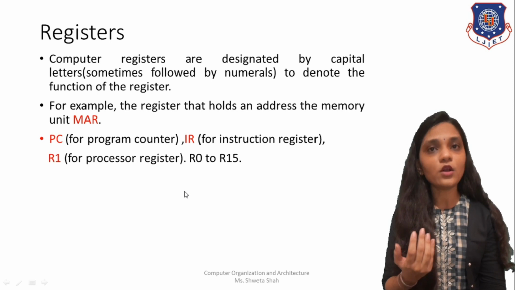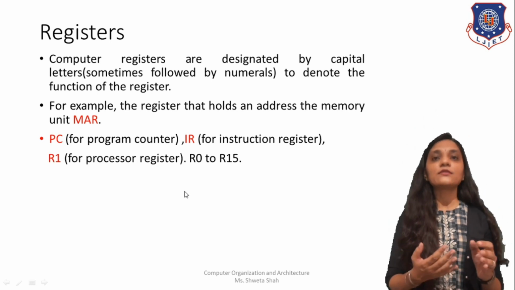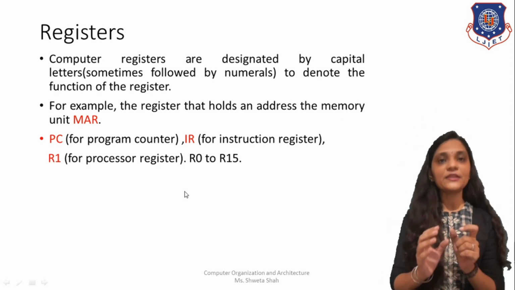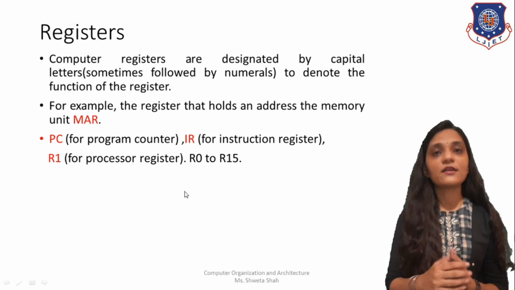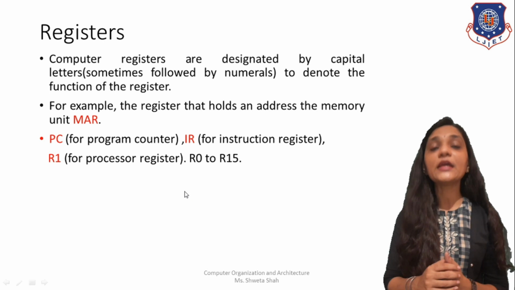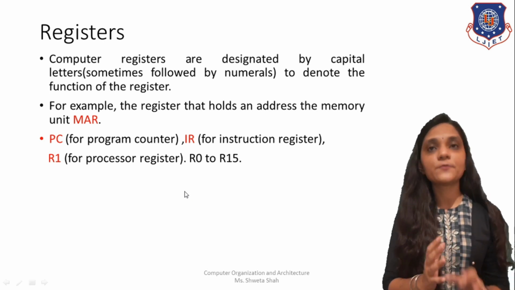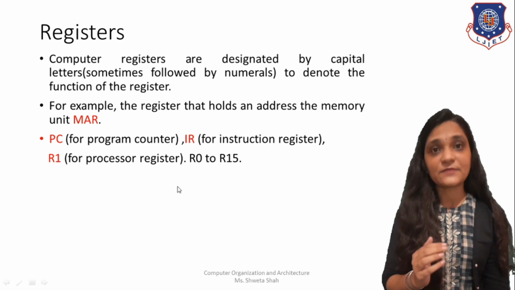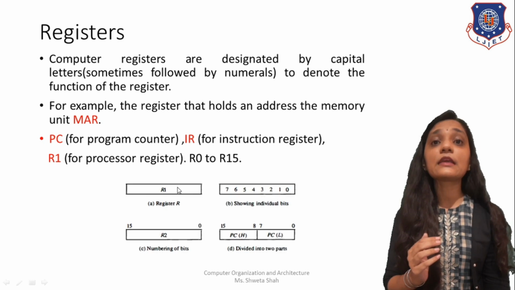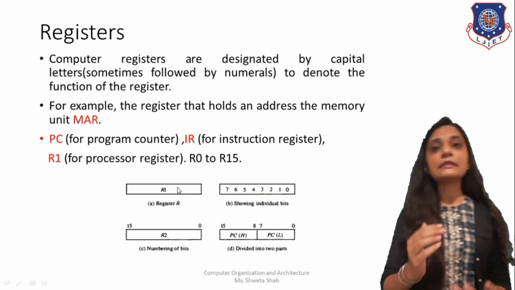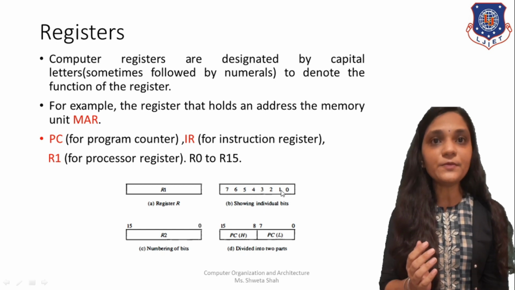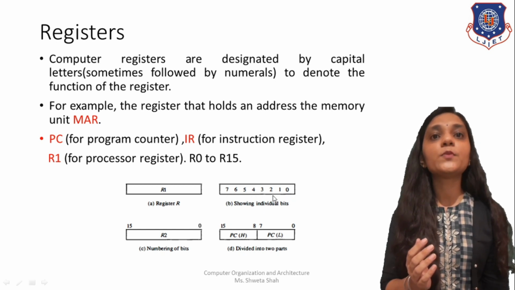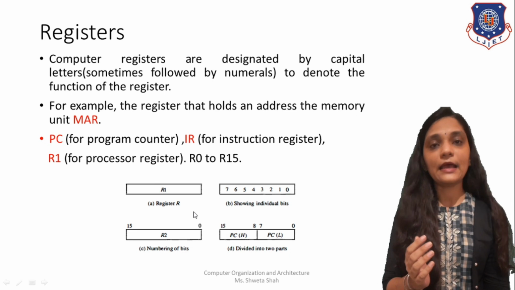You also can use R1, R2, R3, R4, like capital letters and some numbers. Okay, for example R0 to R50. By this way you can represent your registers, and a register can be represented like this R1 with its individual bits like 0th bit, 1st bit, 2nd bit, 3rd bit, and so on.